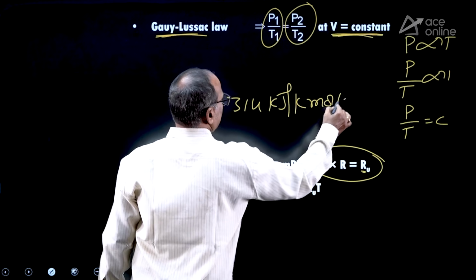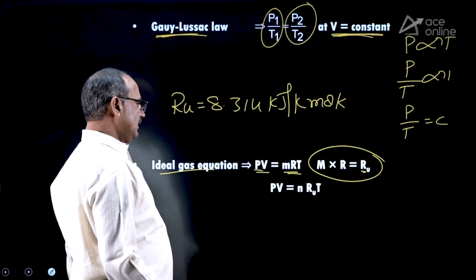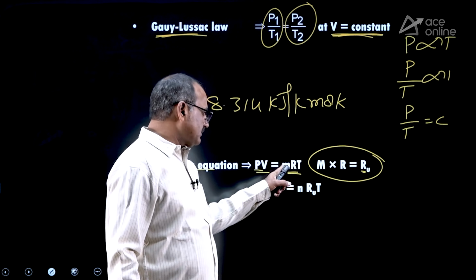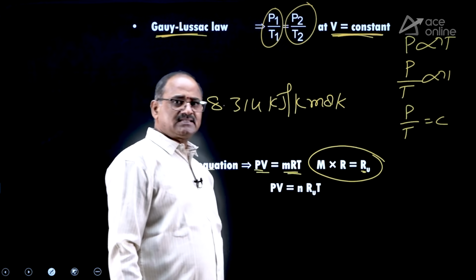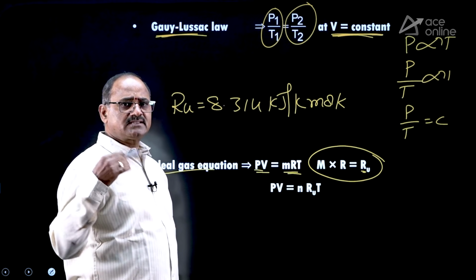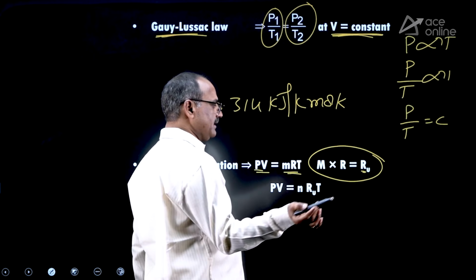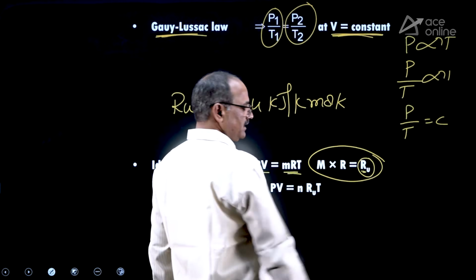Here capital M is the molecular weight, whereas small m is the mass of the gas. R is the characteristic gas constant, which is a property of the gas, a property of the material.